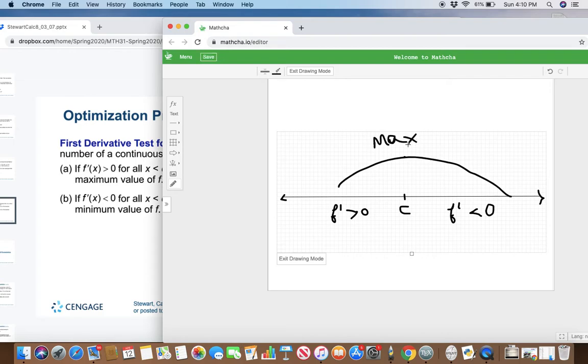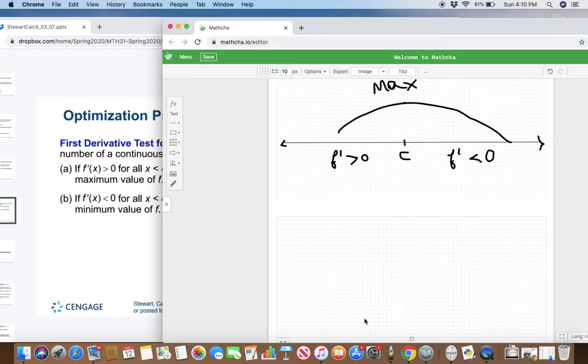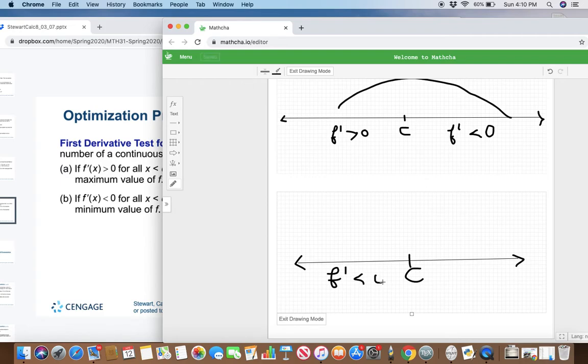Okay. On the flip side, suppose I do the same story. To the left of c, my f prime is less than 0.